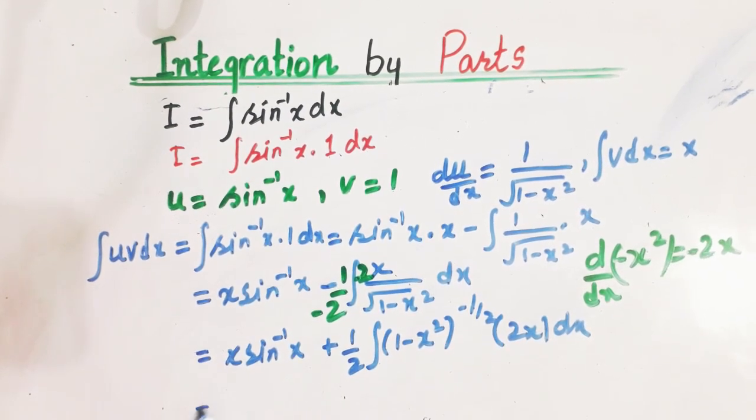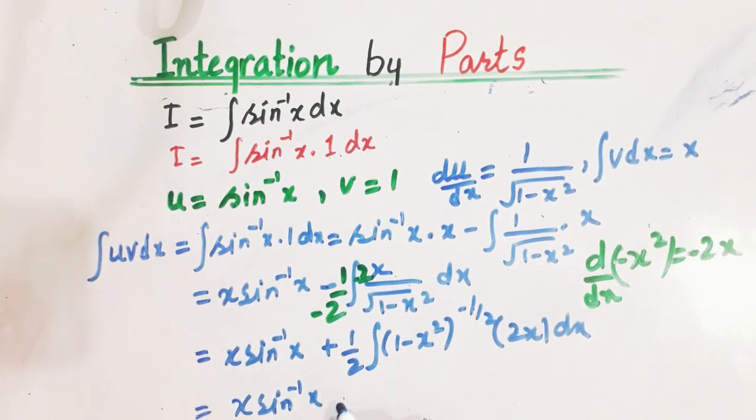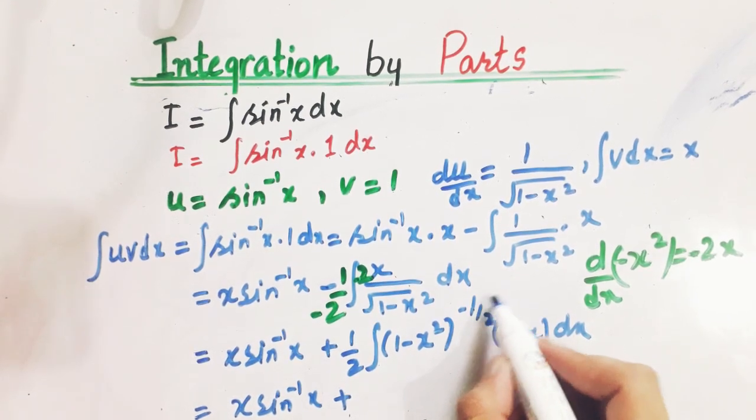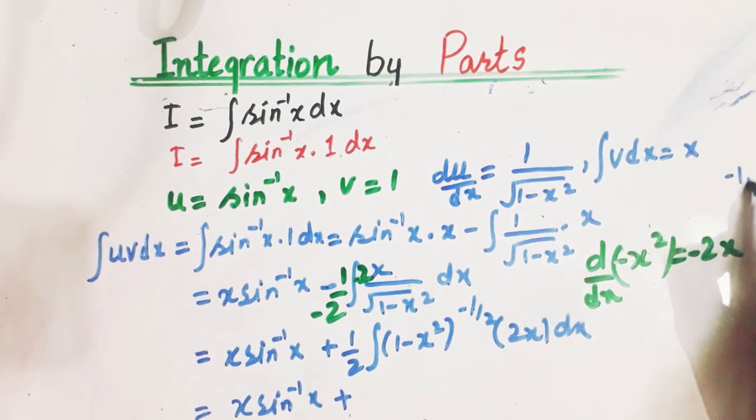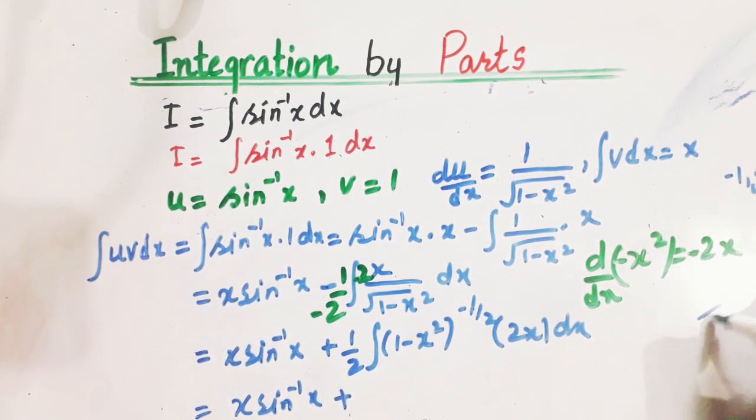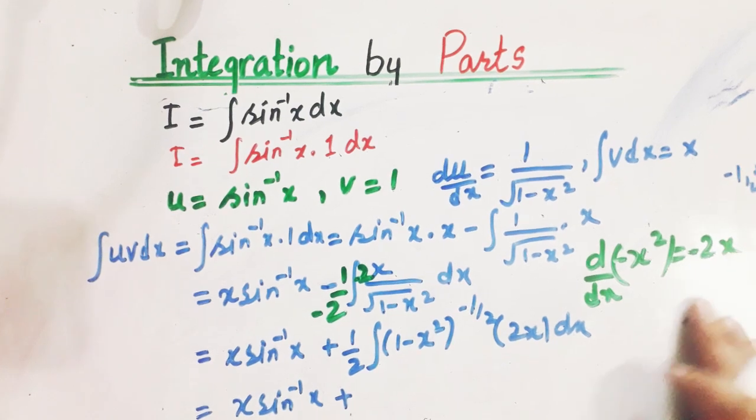So we get x sine inverse of x and plus, because when 1 is added, this will become minus 1 by 2 plus 1, that will be minus 1 plus 2, that is 1 by 2.